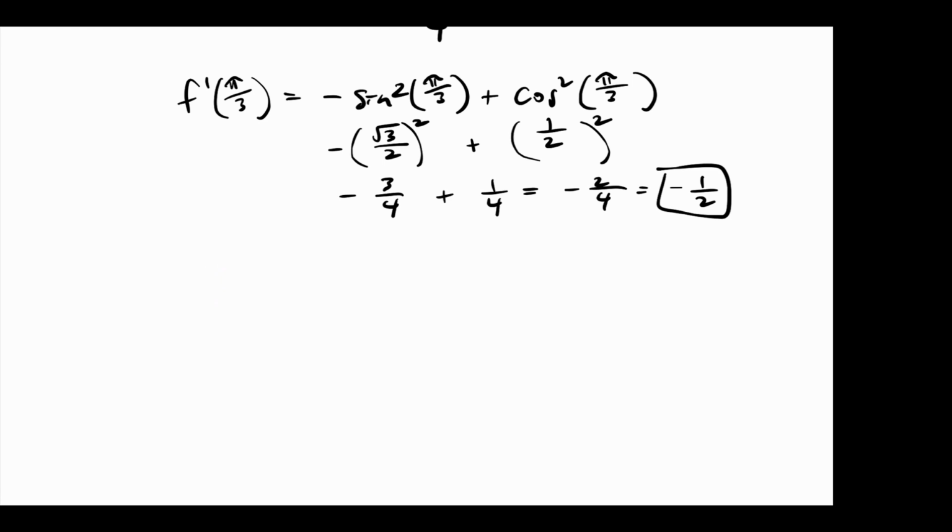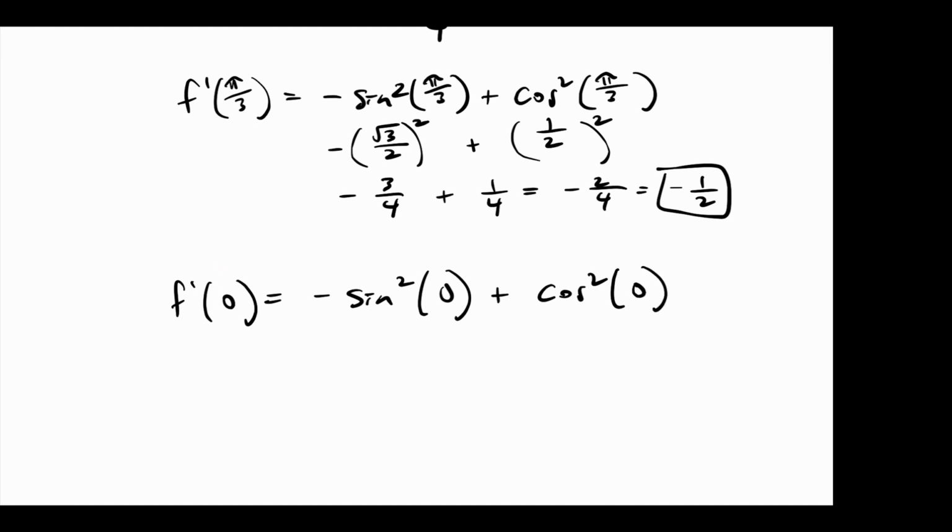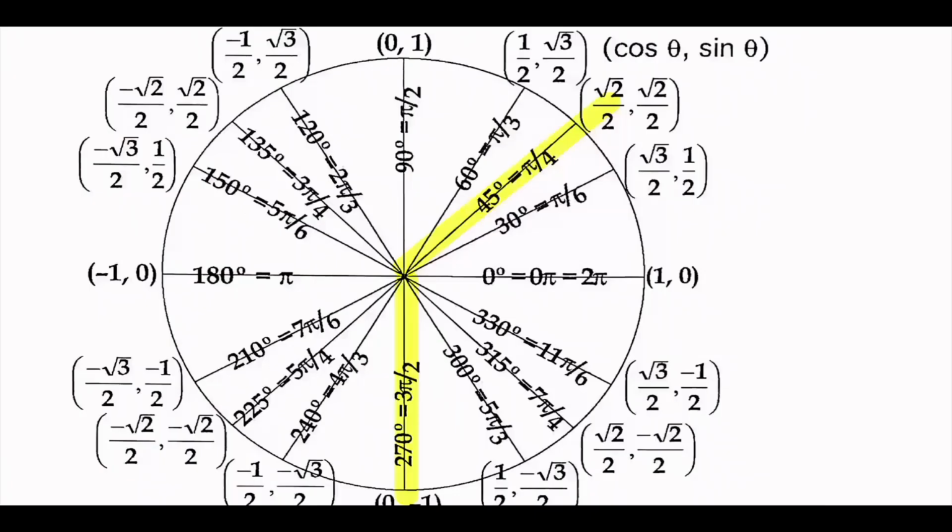So 0, negative sine squared of 0 plus cosine squared of 0. So sine of 0 is 0.